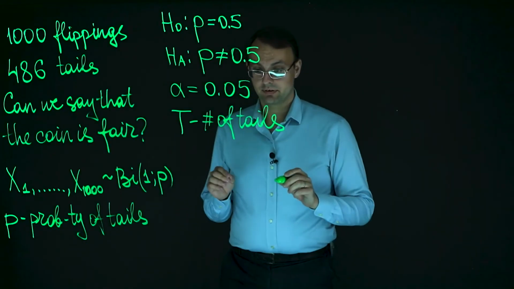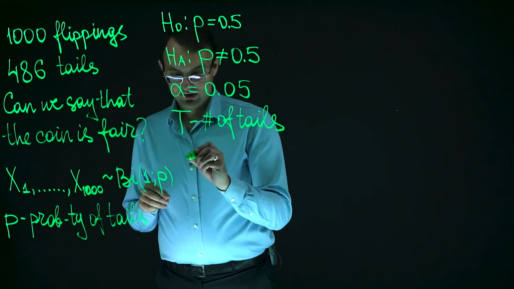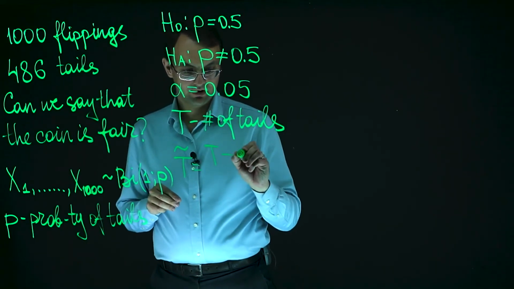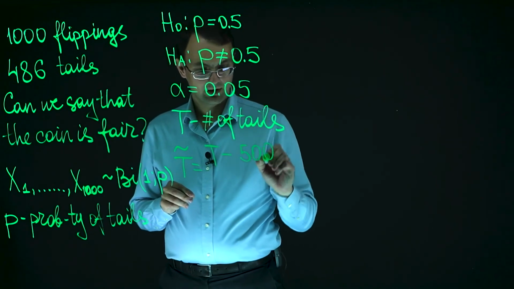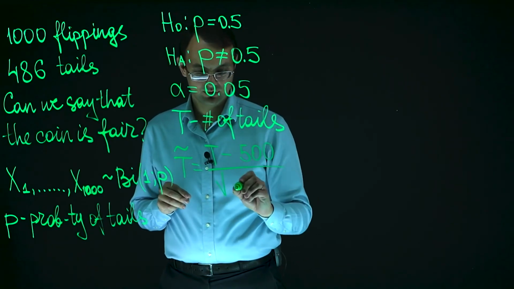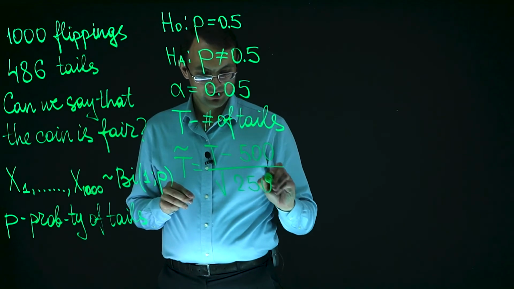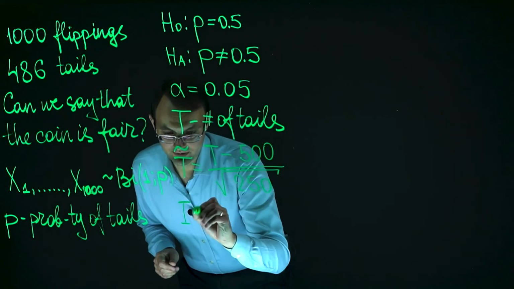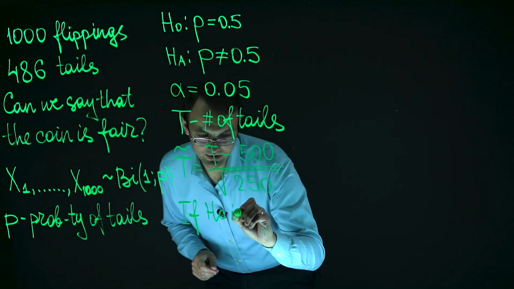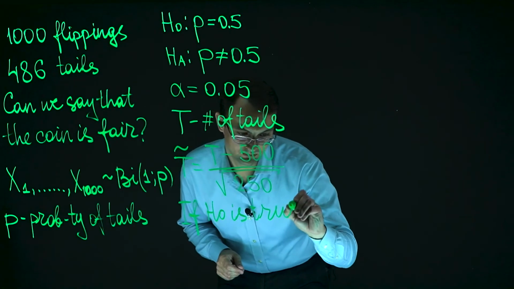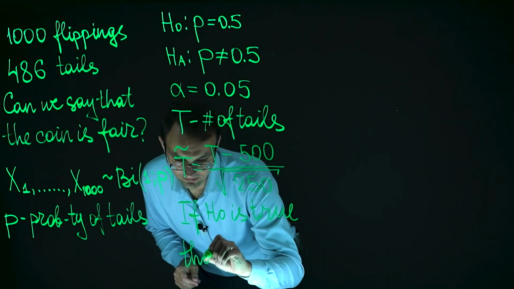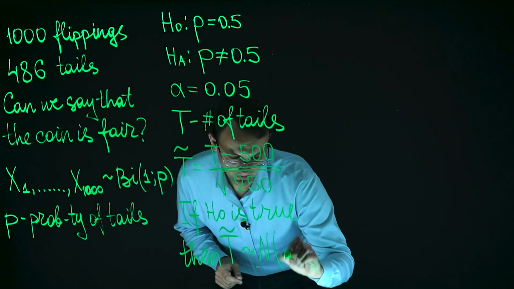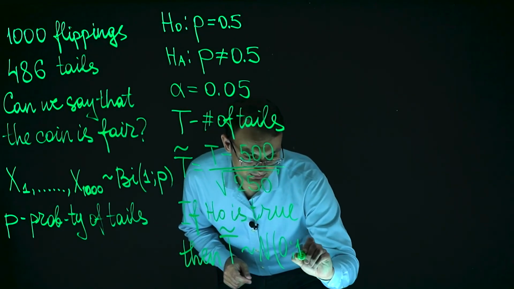So now let's apply this. Let me rewrite the main things. T tilde is T minus 500 divided by the square root of 250. And we know that if H0 is true, then T tilde has standard normal distribution.